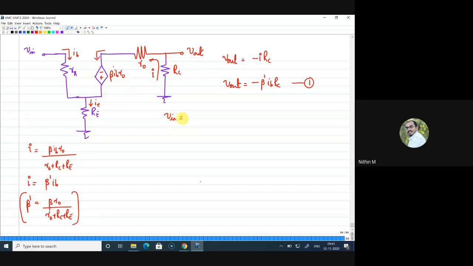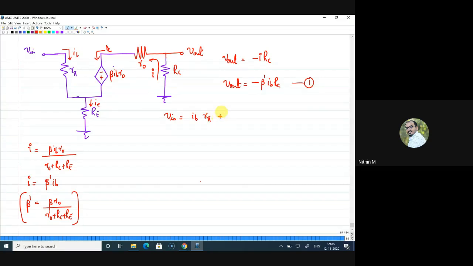So how to write V in? V in is equal to the drop across R pi plus the drop across RE, where the current here is only IB, but here the current is IB plus IC, which is equal to IE. So I can write V in as IB into R pi, where R pi is actually beta plus 1 into RE. Plus there are two currents.